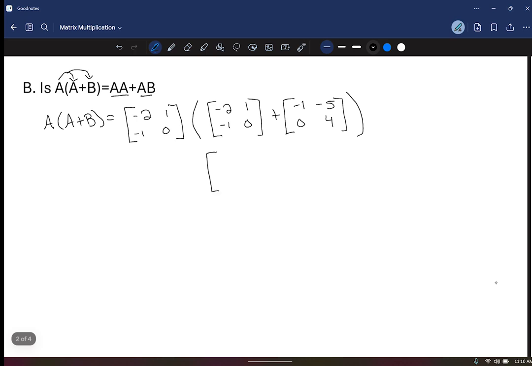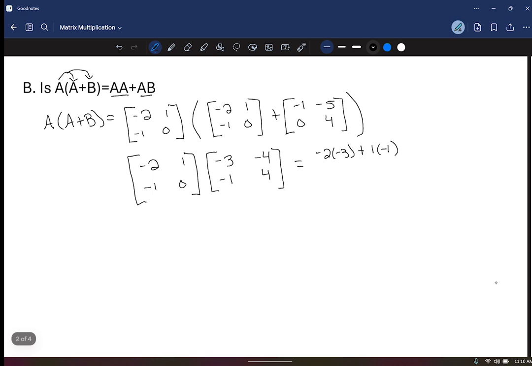I have a -2 plus -1 is -3. 1 plus -5 is -4. -1 plus 0 is -1. And 0 plus 4 is 4. And then I'm taking that times A on the outside. So first row, first column, -2 times -3 plus 1 times -1.